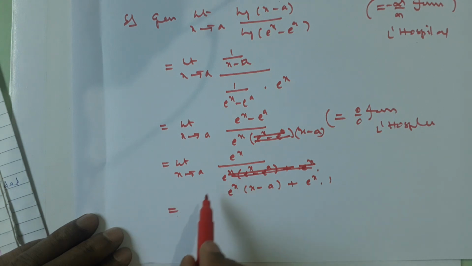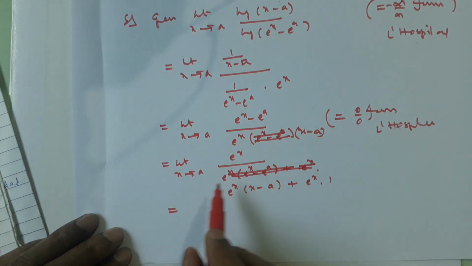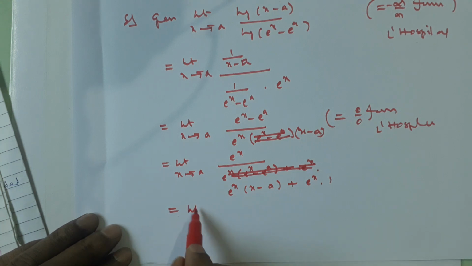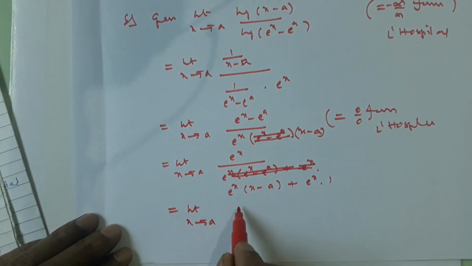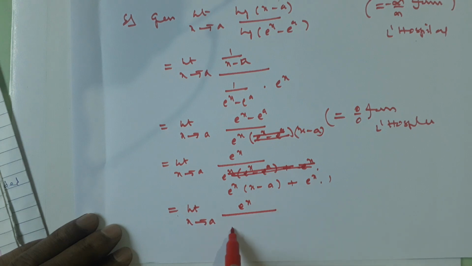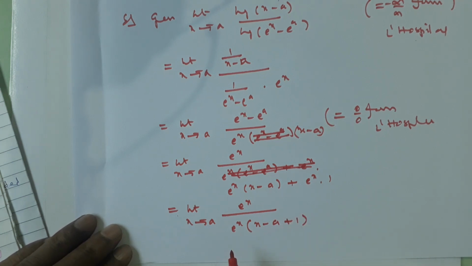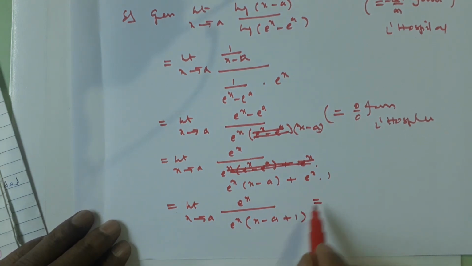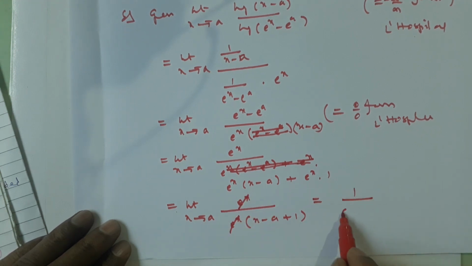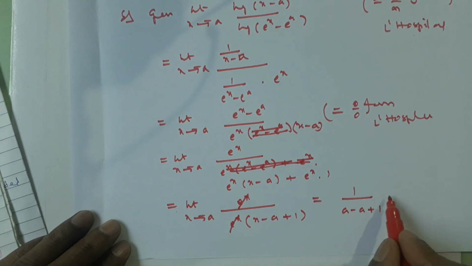Here e power x is common now. Limit x tends to a of e power x divided by e power x times x minus a plus 1. The e power x terms cancel. Again x tends to a gives 1 by a minus a plus 1, which is equal to 1.